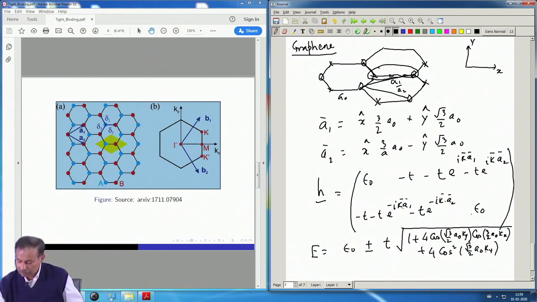So, all the terms are under the root. So, that is the energy.